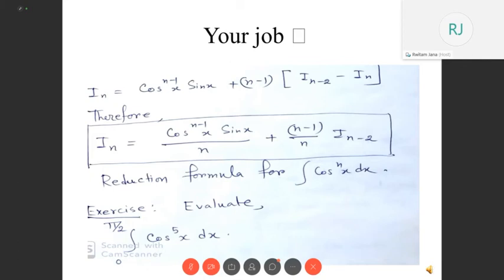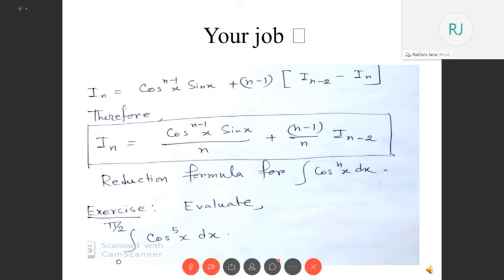Calculating. Sir, cos to the power 4x into sin x by 5 plus 4 by 5 by 3. Actually, for 0 to pi by 2 cos to the power 5x dx, you have to first put the limit over your reduction formula. The reduction formula is written here.